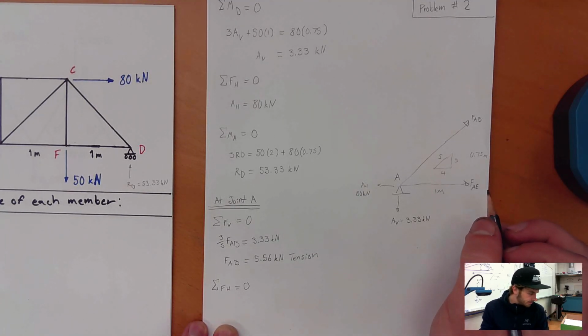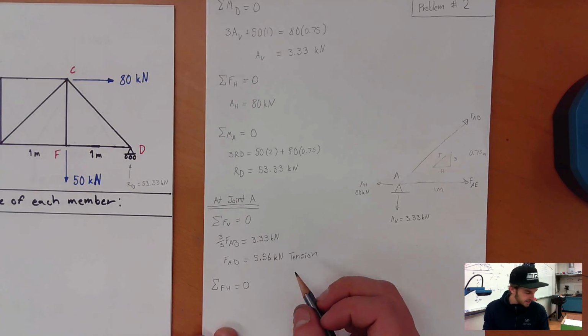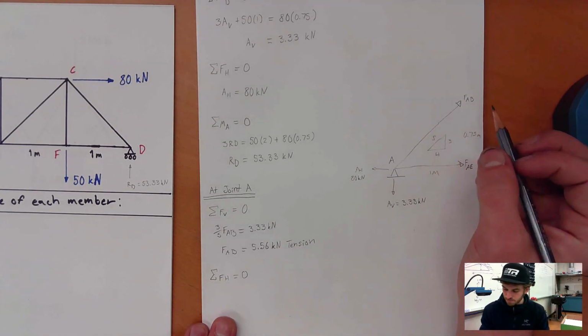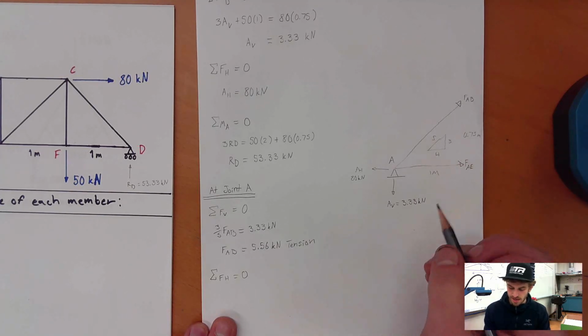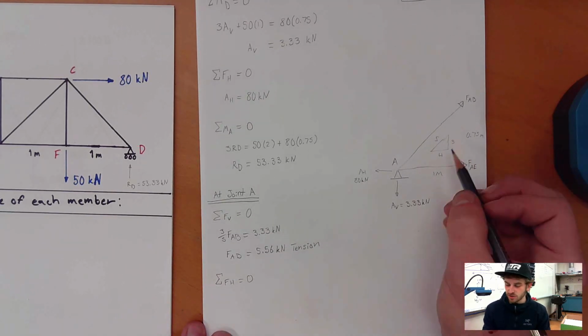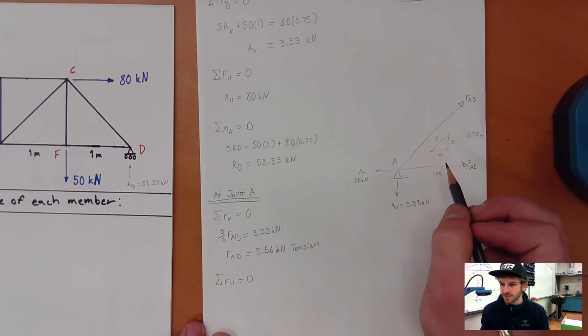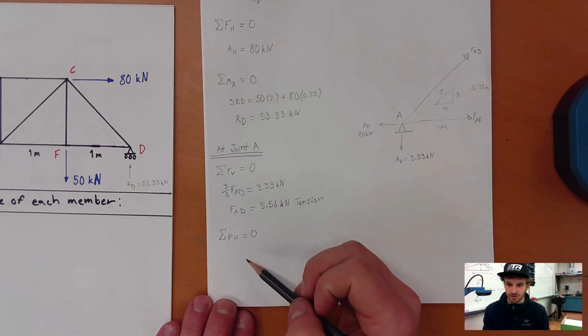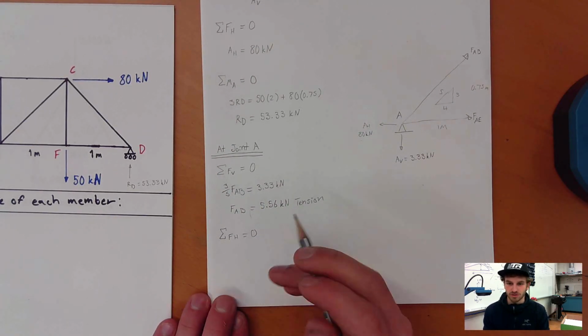Similarly, now that we have FAB figured out, we can pretty easily use this 3, 4, 5 triangle once again to determine the reaction in the horizontal direction.